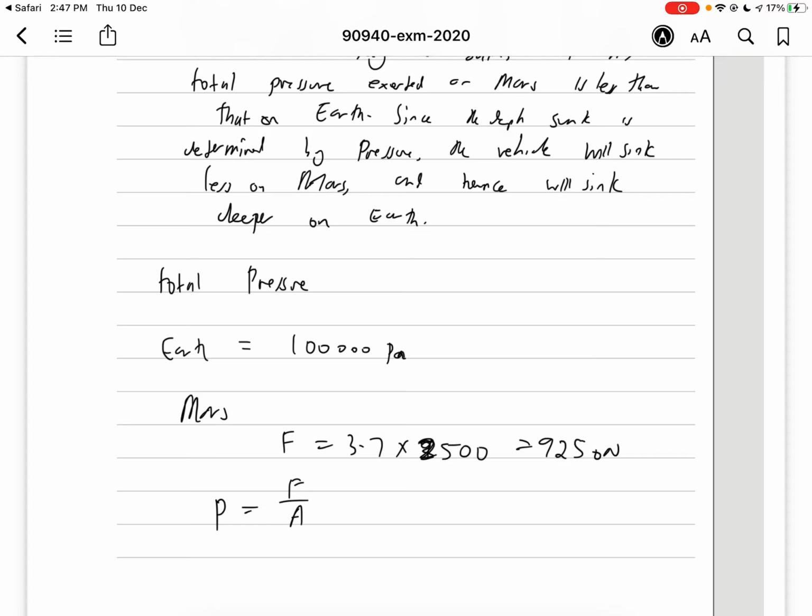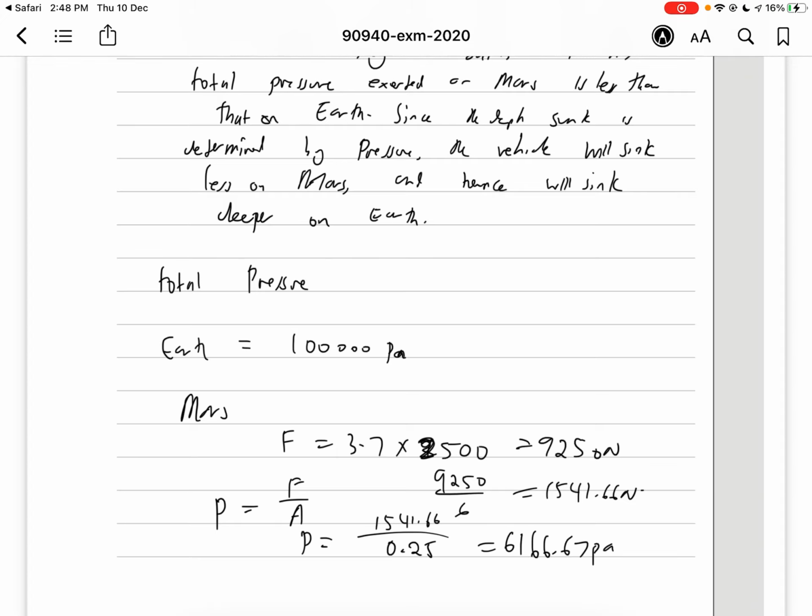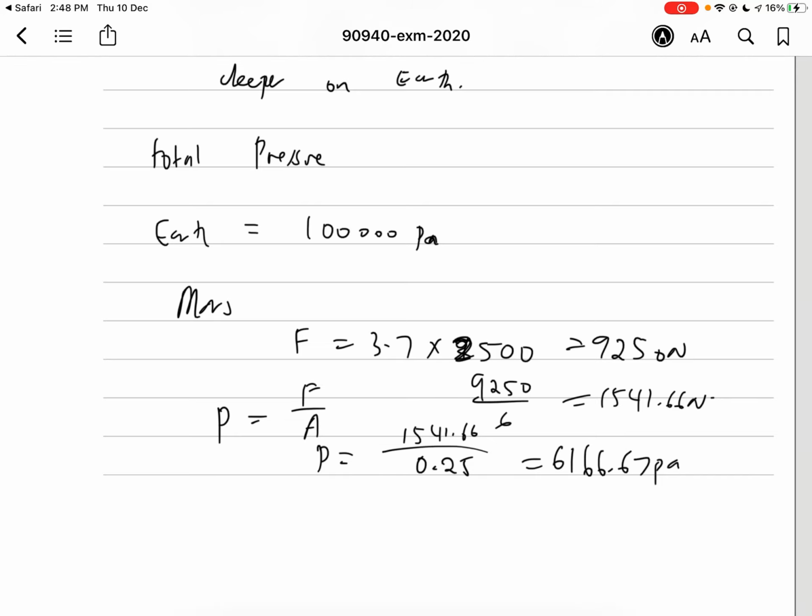So total pressure equals F over A. We can just use the same methods. We divide this by 6 to get the amount on one wheel, which equals 1,541.66 newtons. P equals 1,541.66 over 0.25. This gives us 6,166.67 pascals.